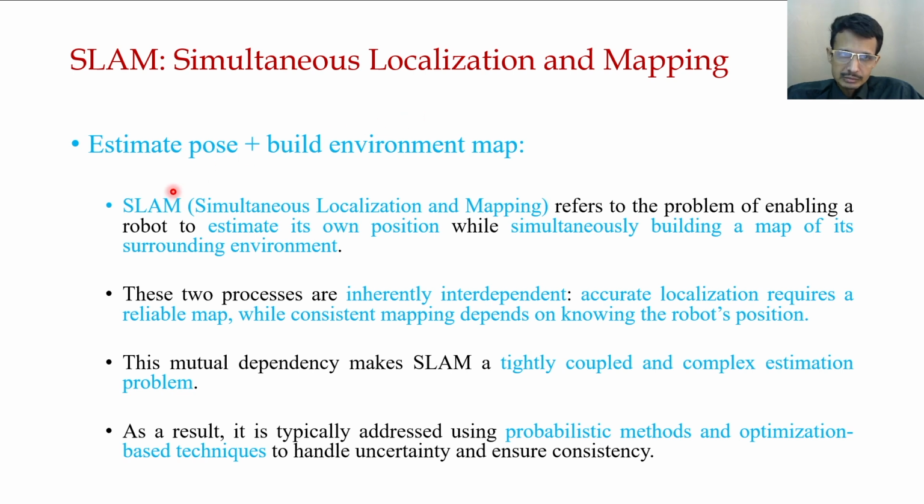So by definition, SLAM, or simultaneous localization and mapping, refers to a problem of enabling a robot to estimate its own position. Okay, that is very important, while simultaneously building a map of its surrounding environment.